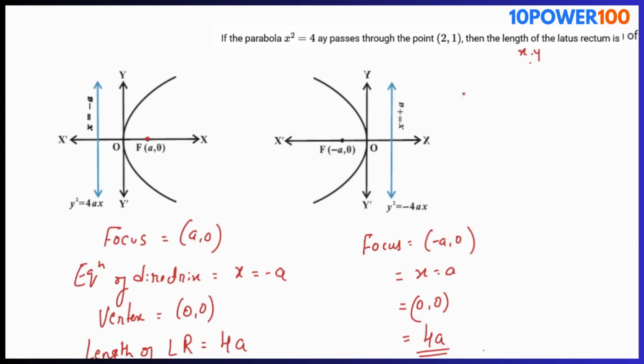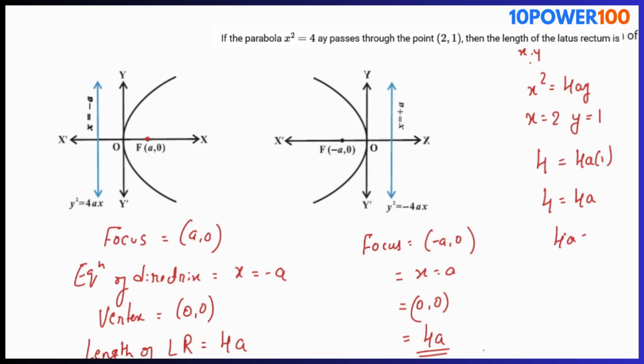Now let's substitute here. If I take the equation x² = 4ay, let's substitute x and y values: x = 2 and y = 1. So we get 4 = 4a into the y value, which is 1. So 4 = 4a, and the a value is 1.